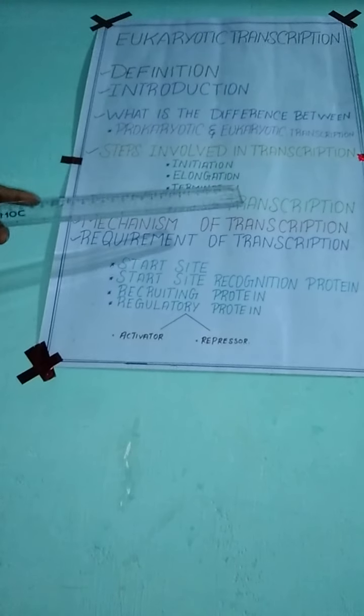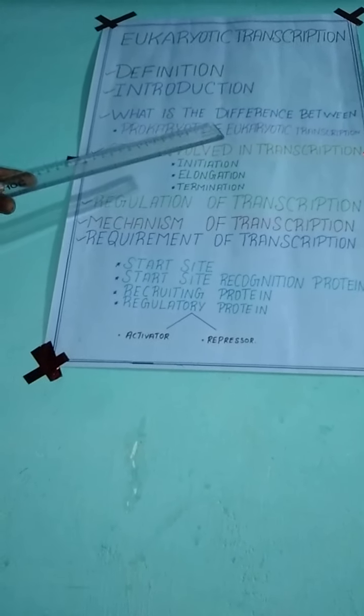Next one is the introduction. Eukaryotic transcription is more complex compared to prokaryotic transcription. In what way is eukaryotic transcription complex? During the process of transcription, there are two components of RNA, such as intron and exon. In prokaryotes, there is no intron and exon.